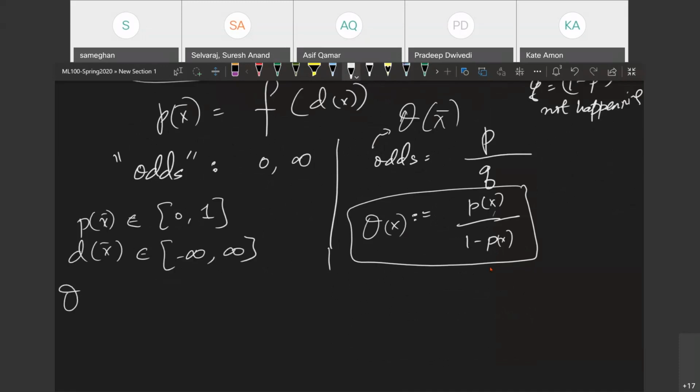What about odds of X? Let's think about it. When probability is 0, 0 over 1 minus 0 is equal to what? What is it equal to, guys? 0 over 1 is equal to 0. So it starts from 0.